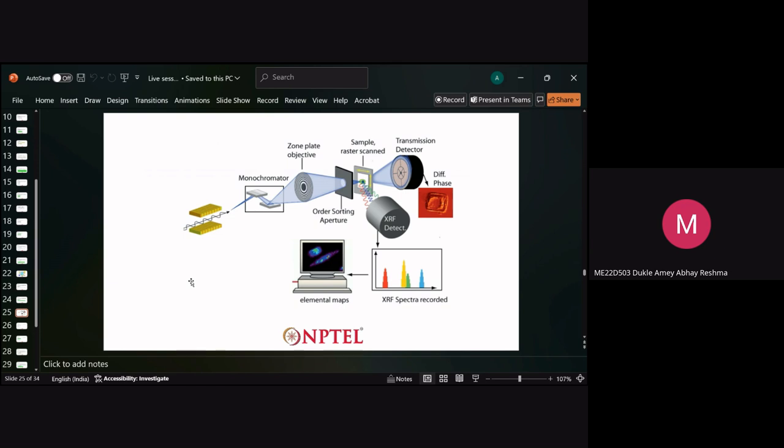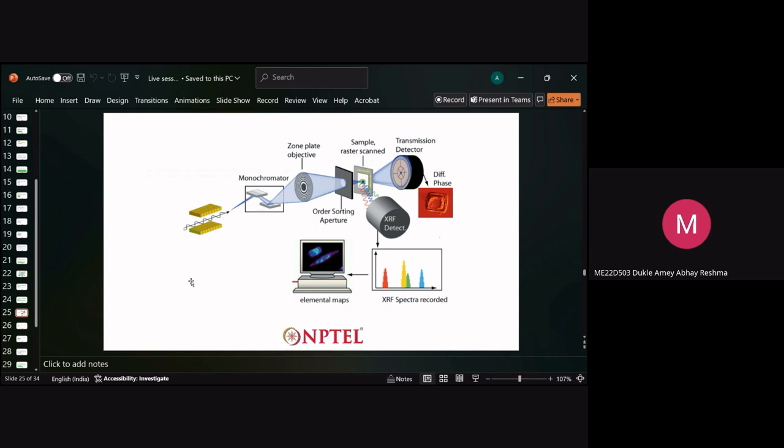So basically, what happens is you put a sample, you focus X-rays on the sample, and you change the intensity of X-rays. In XRD, you change the angle and the intensity remains the same.